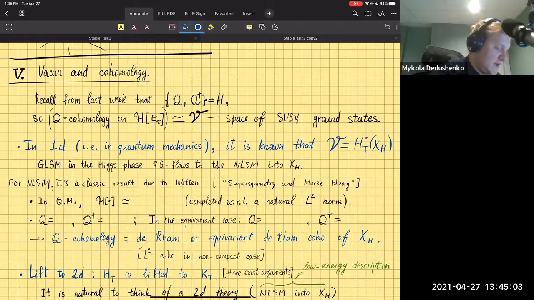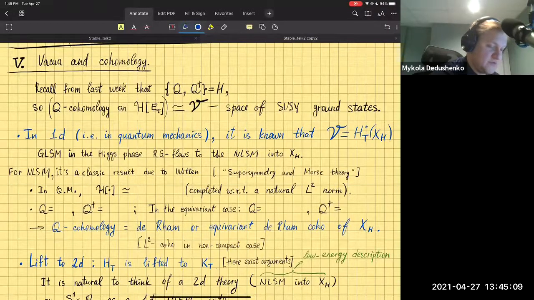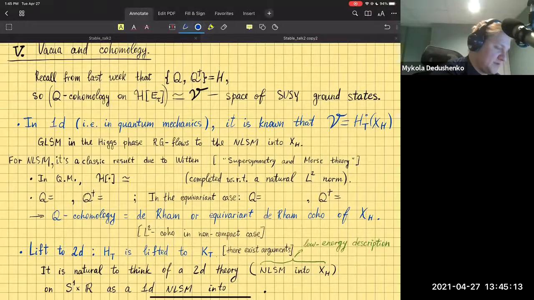And in the NLSM case, it's a classic result, of course, due to Witten from the 80s, this supersymmetry and Morse theory paper, that we know that in supersymmetric quantum mechanics, the Hilbert space, here I write as the Hilbert space because it's associated to a point, right?